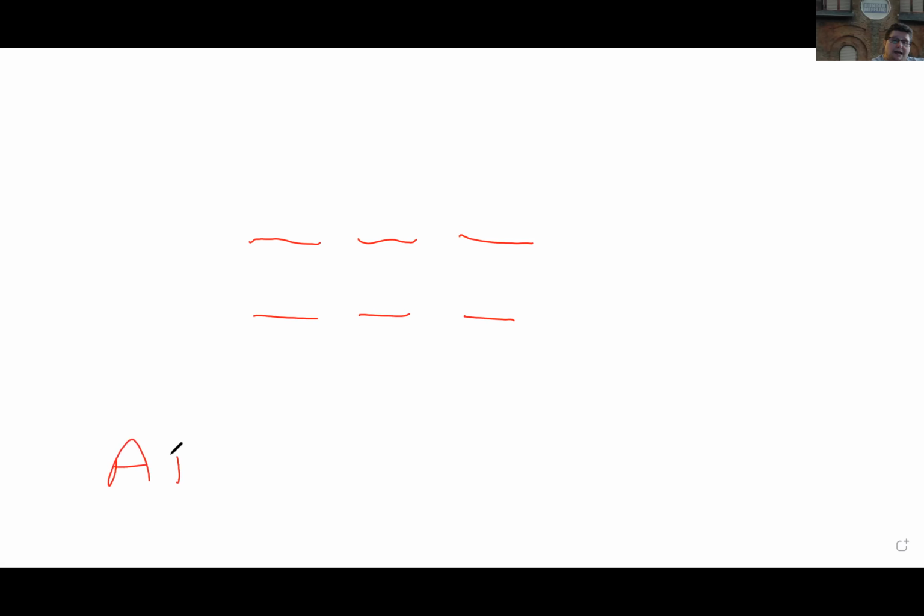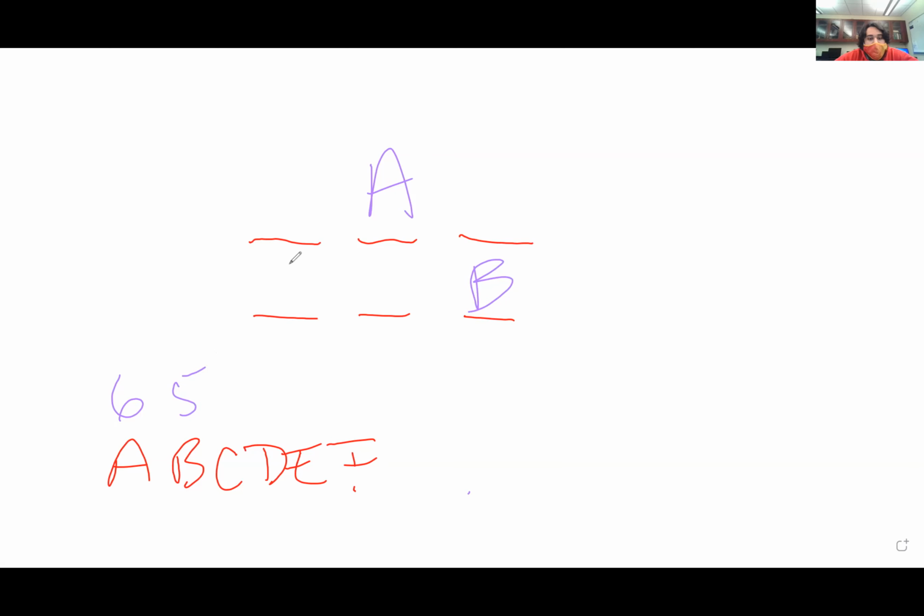If I've got A, B, C, D, E, and F, and I just reason through it, one letter at a time, how many spots can I put A? I can put it in any of 6 spots. Right. So I put it there. Once I pick B, how many spots can I put B in? There's only 5 left. Let's say I put B there. And C's got 4 options left.